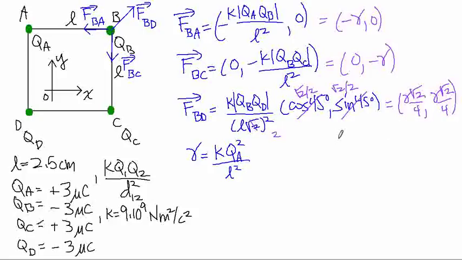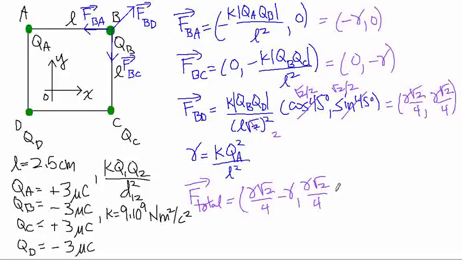Okay, so putting it all together, the sum of those vectors, so F total, is equal to, and then if I sum the x components, I get gamma root 2 over 4 plus 0 minus gamma, and then gamma root 2 over 4 minus gamma plus 0.